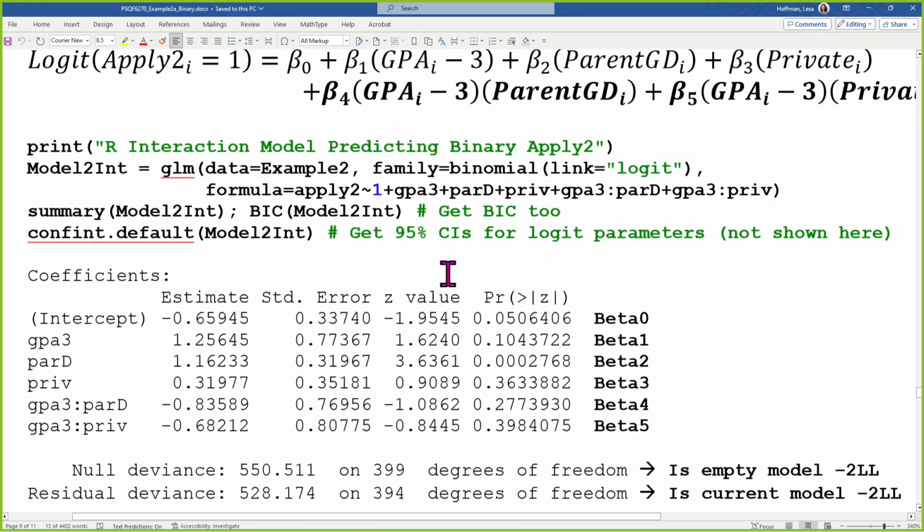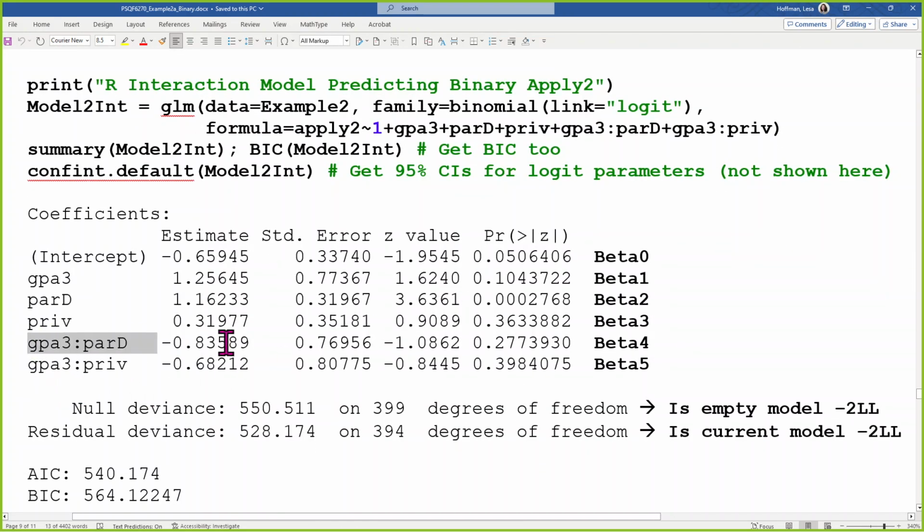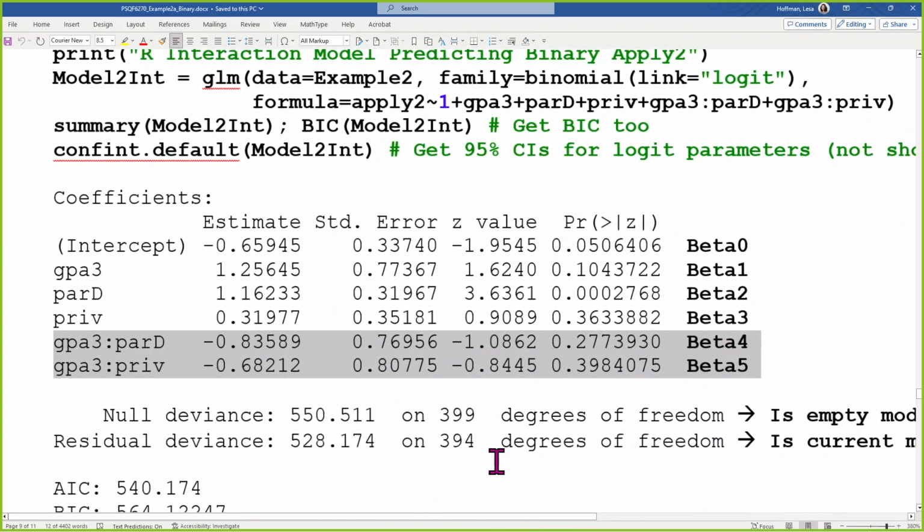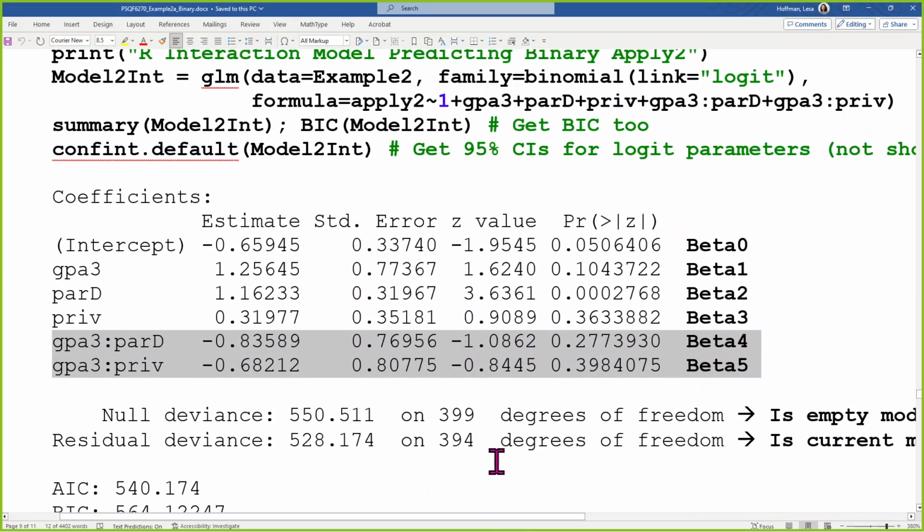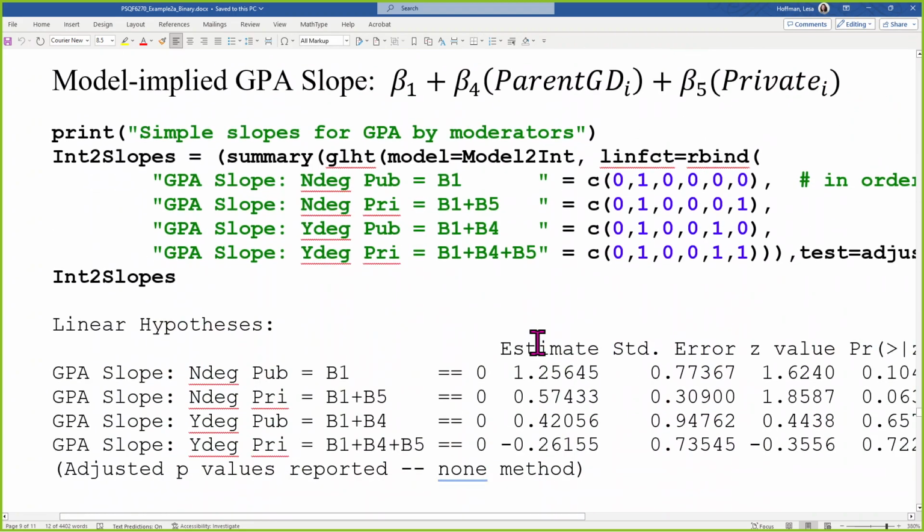In R, here is one catch that I want to point out. Whether you like it or not, R is going to reorder your fixed effects to put the interaction terms last. And why that matters is in figuring out for your simple slopes where the 0s and 1s go. I wish I could fix it. I don't know how.